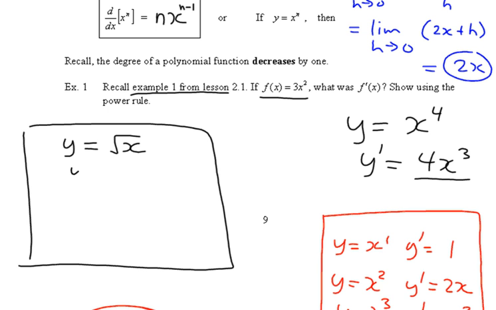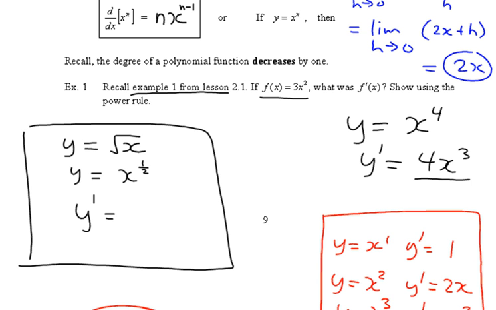Another way of writing the square root of x is x to the half power. Write down what you think the derivative of x to the half power would be. I just felt that these should be in your lesson, even though they're not there. What is the derivative of x to the half power?